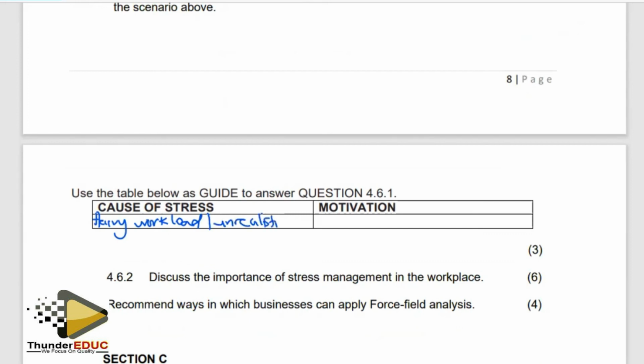Unrealistic target, like possibly this is unattainable by one single individual within the shortest time possible, because each employee is expected to wipe the table, scrub the floor, and wash the dishes after serving. After what? Serving. I understand now.